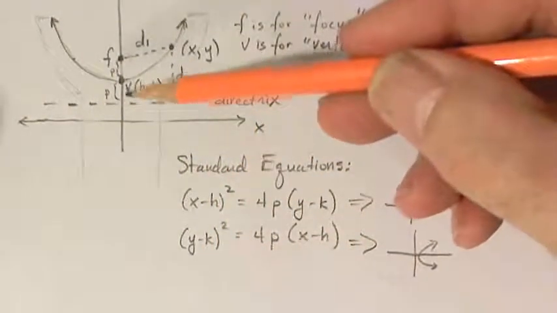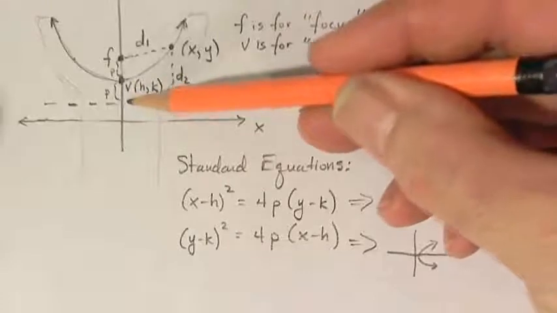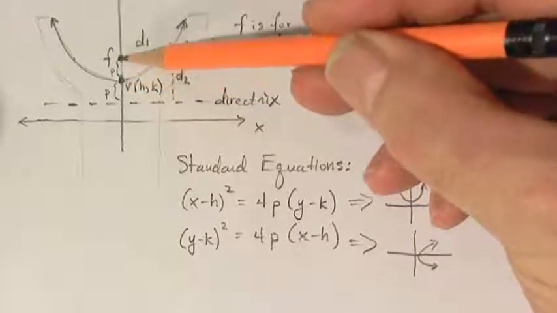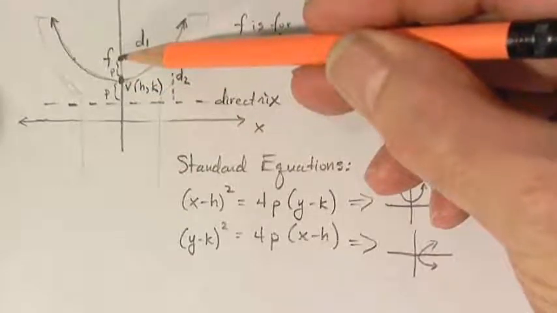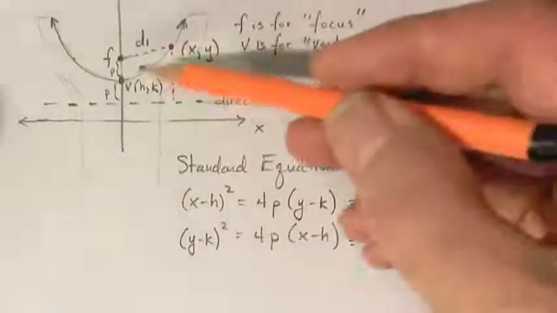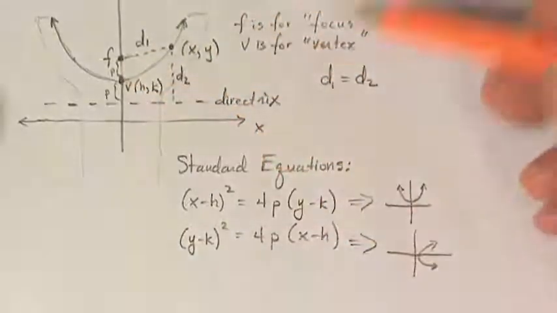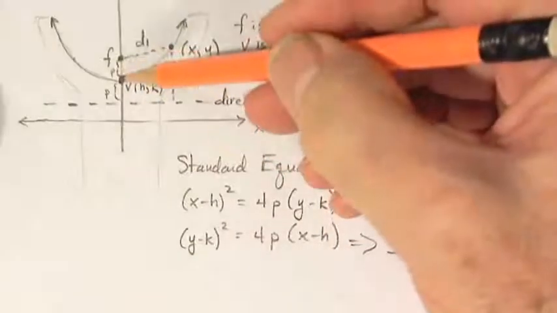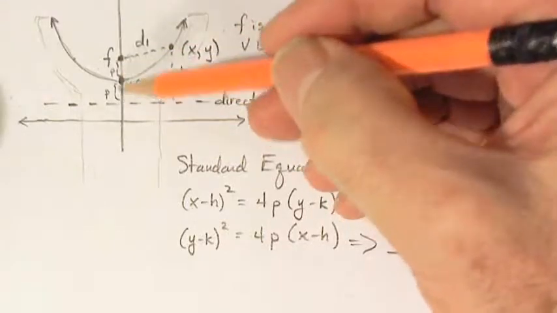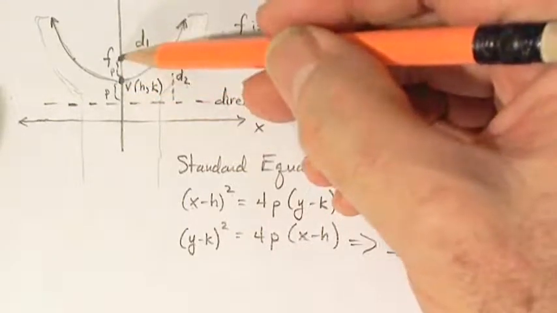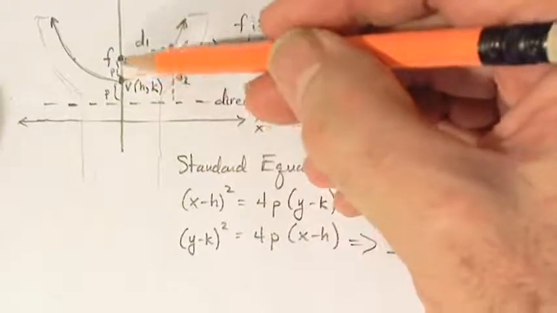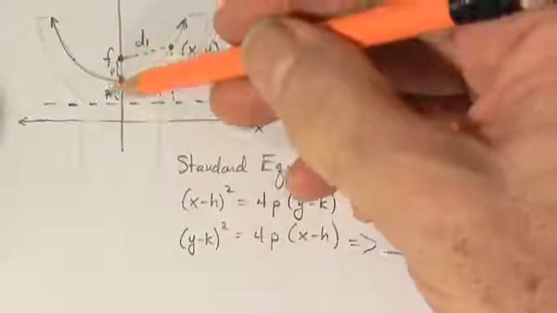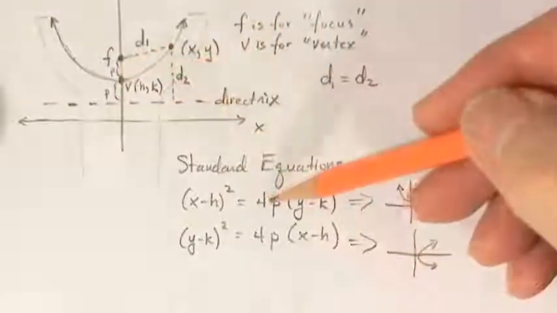So from the directrix to the vertex is p, and from the vertex to the focus is p. And this means that the vertex satisfies the requirement that d1 is equal to d2, because its distance from the directrix and from the focus is the same. And this is a special distance that shows up in the formula, and that's why we give it a special letter, and it's p.